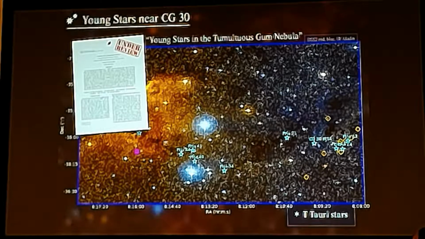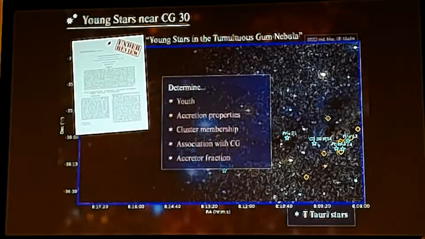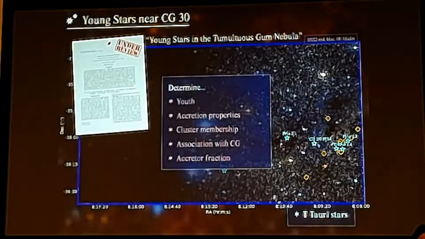And there's the title. A big goal of this study was to determine, are these stars really young? And also, are they accreting? We also want to look at, are they related to each other? Are they related to the cometary globule CG30? And then we derive something that's called the accretor fraction.